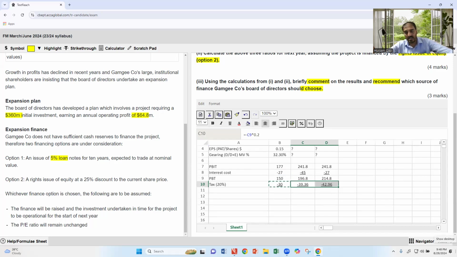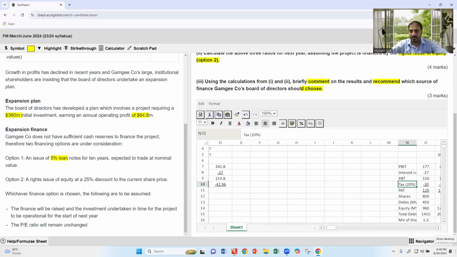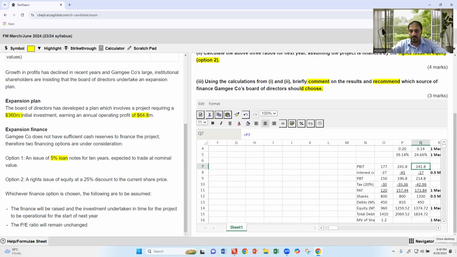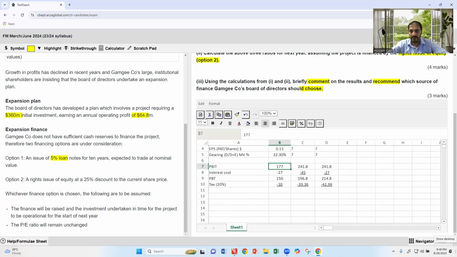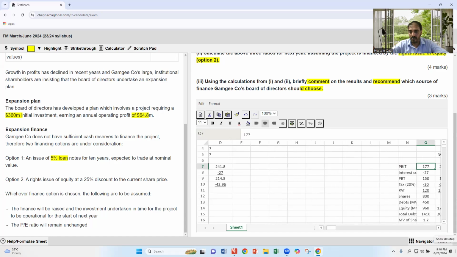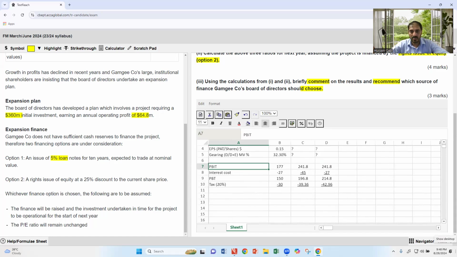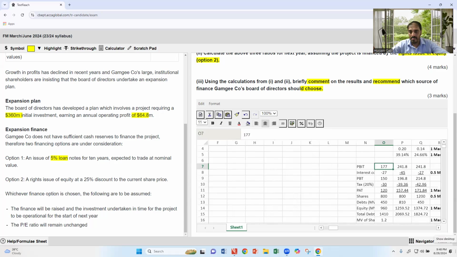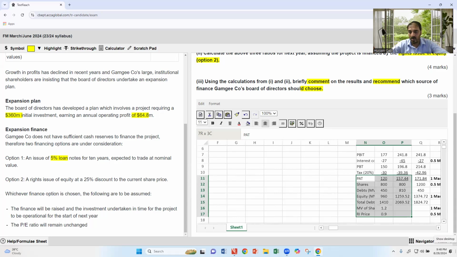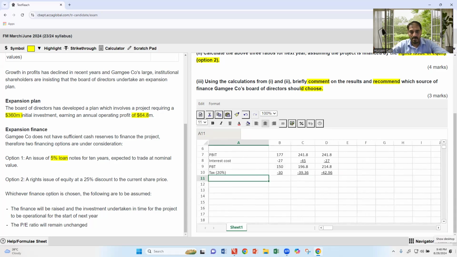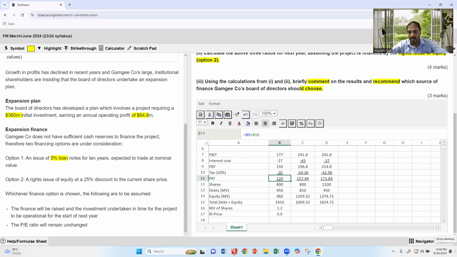Control C, control V. Use the shortcuts. That's 39.36, 49. After that, you have to calculate all these points one by one. That is profit after tax, simple, the sum.